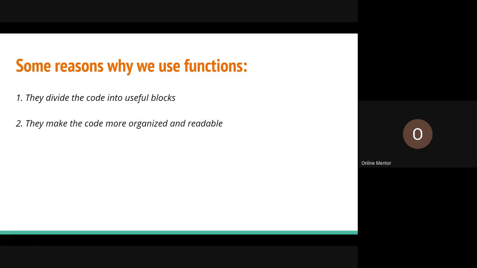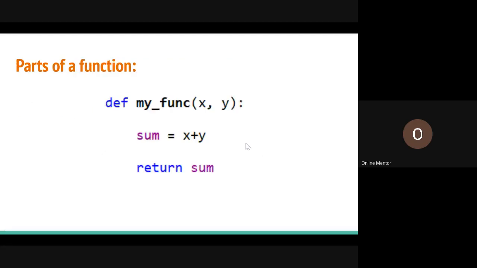When everything is segmented, it's easier to find what you need. And they can be reused. The way we called the function is so much easier than, imagine if every time we wanted to feed the pet, we'd have to type all of that all over again. But now that we created the feed pet function, every single time we just call the function. So yeah, that's why we use it.